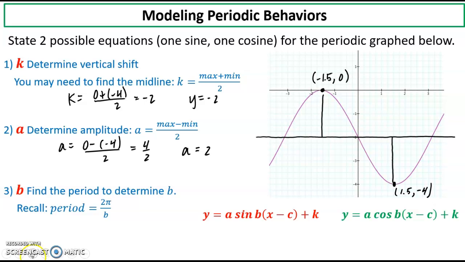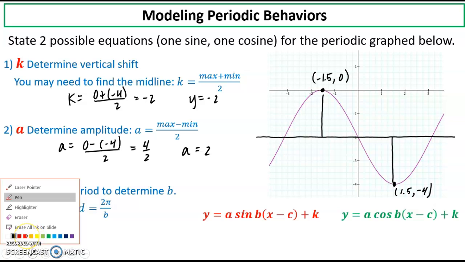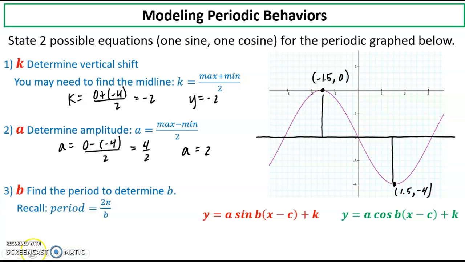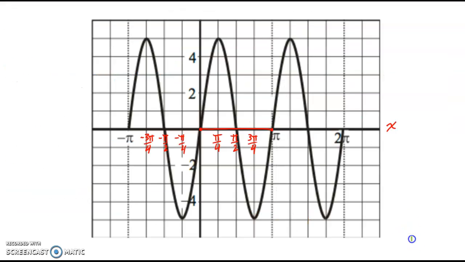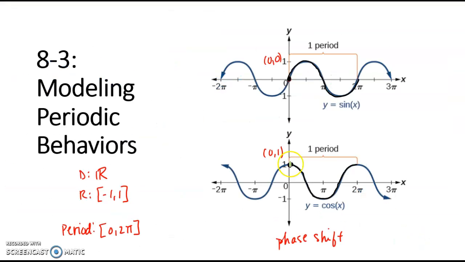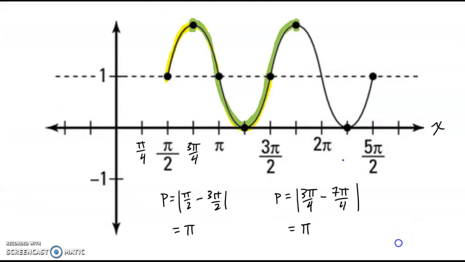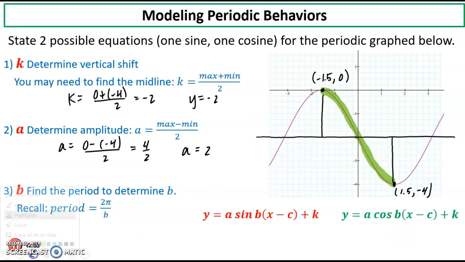Now the period. In class we talked about it, but let me look from here to here. If I start at the maximum point, then I'm looking to get back to my maximum. If I go from max to min, that's half of a period. So I want you to go from defining feature to defining feature.